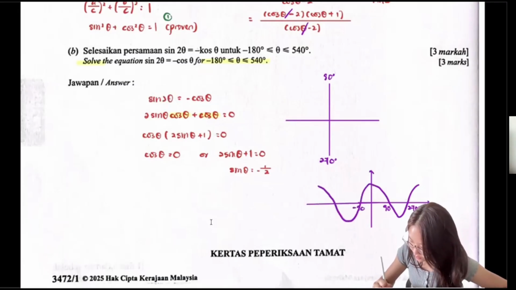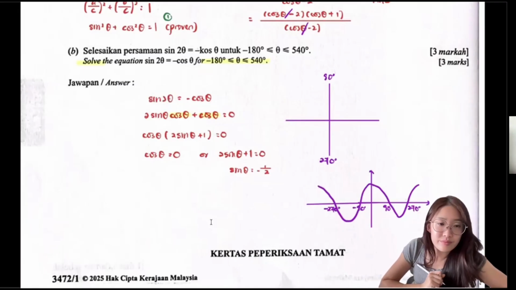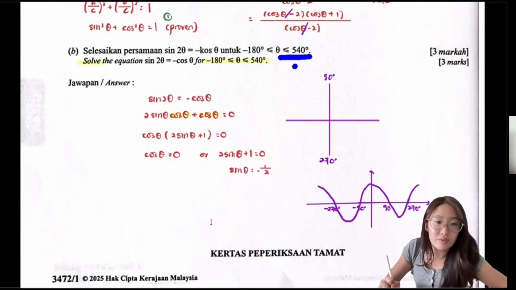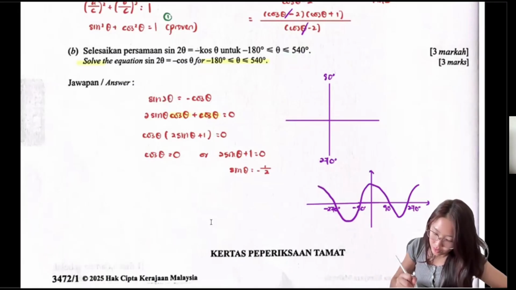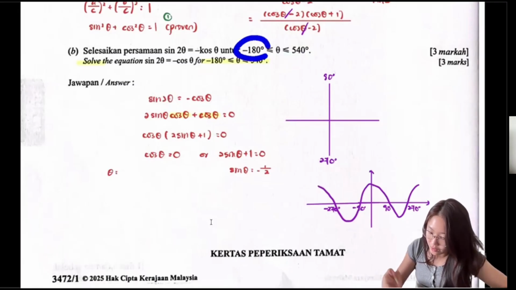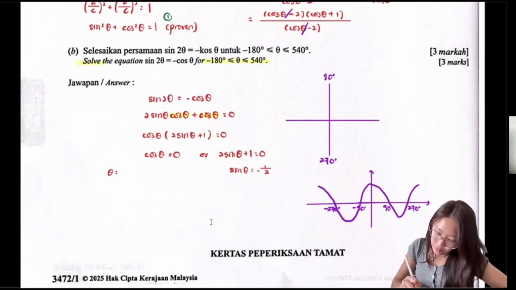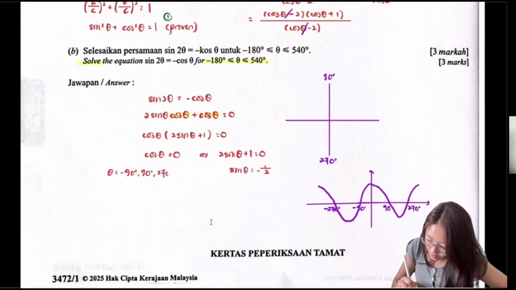This is negative 90, negative 270. Okay? And then extends until 540. Okay, guys. So over here, your answer, because this one is until negative 180 only, so negative 270 we don't take. Start from negative 90, 90, 270.